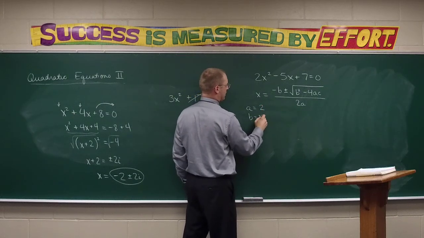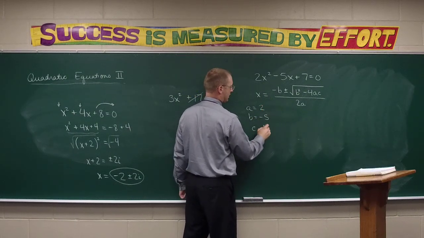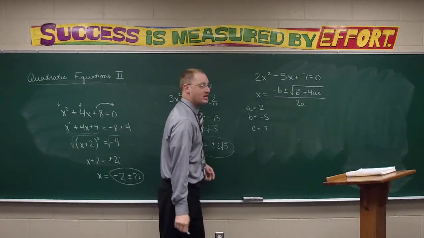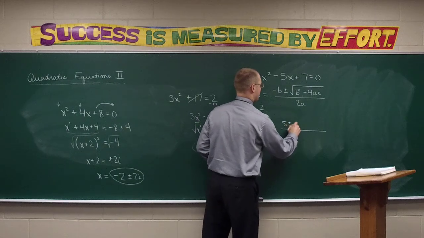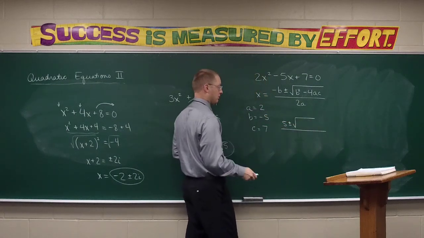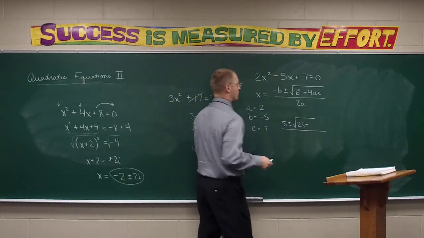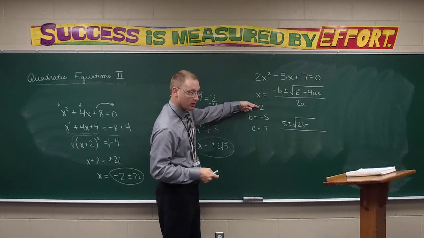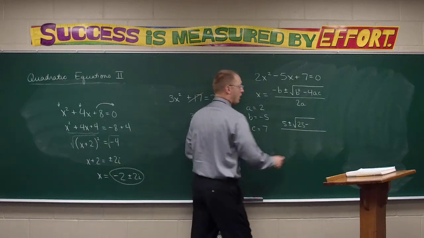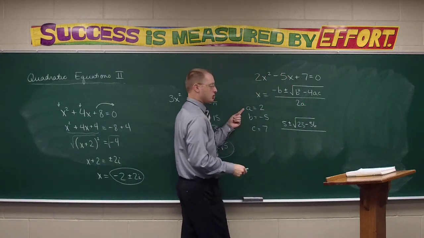B? And c. And we've got to plug in those numbers. So for negative b, Brandon, we plug in 5, plus or minus the square root of b squared, 25, minus 4 times a times c. Class, 4 times a times c, 56, all over 2a.